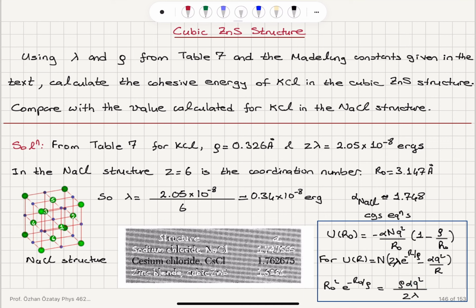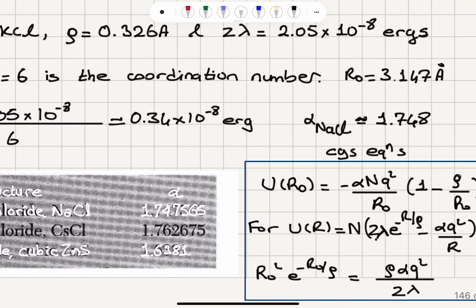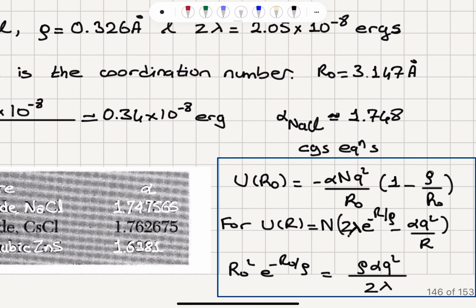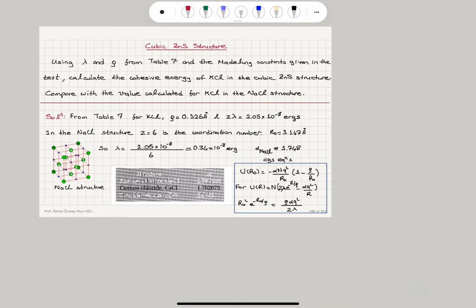That's obtained by taking the derivative of the potential energy with respect to R evaluated at R0, setting it equal to 0. Then we substitute this result into U of R0 and we obtain this cohesive energy formula.